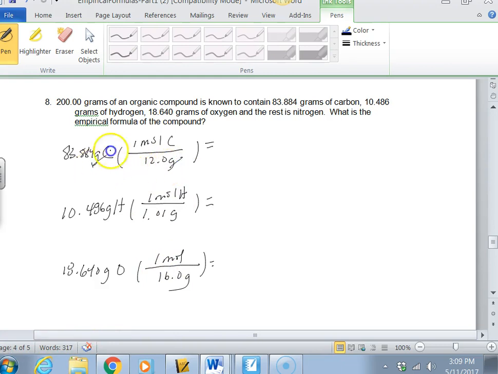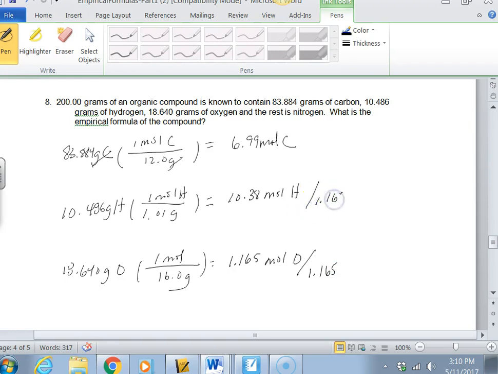Okay, so for carbon, doing the division, that comes to 6.99 moles carbon, 10.38 moles hydrogen, and 1.165 moles oxygen. Our smallest value is the oxygen, so 1.165.